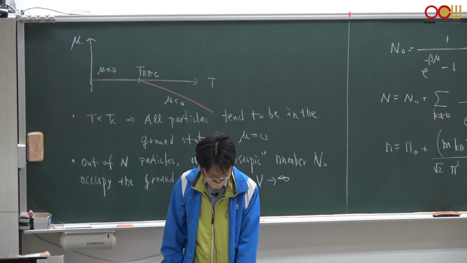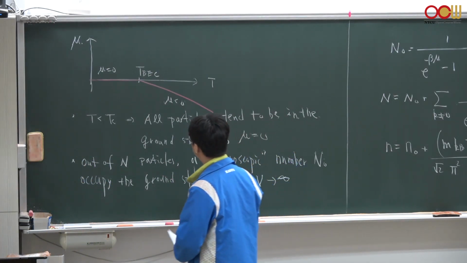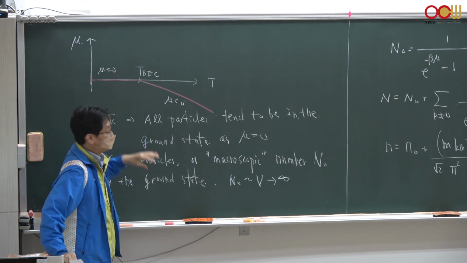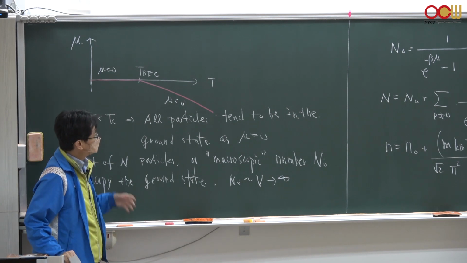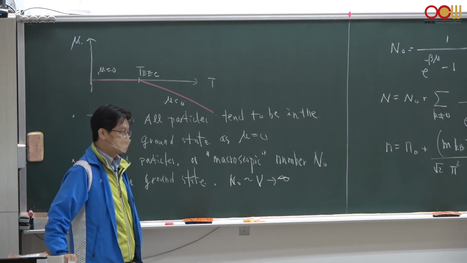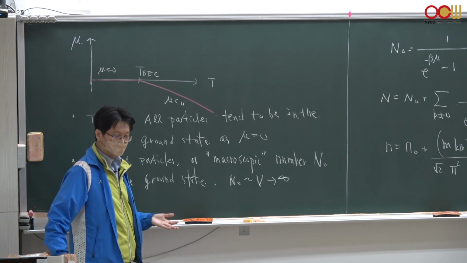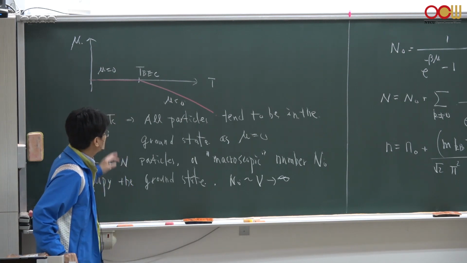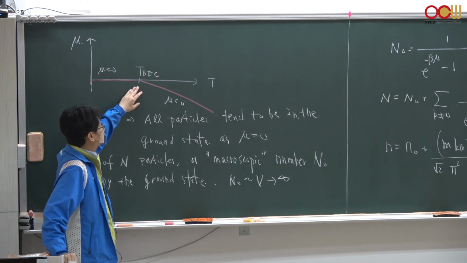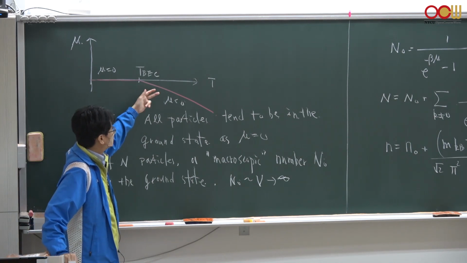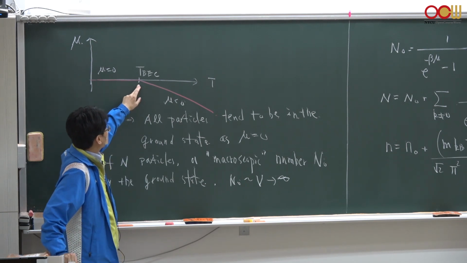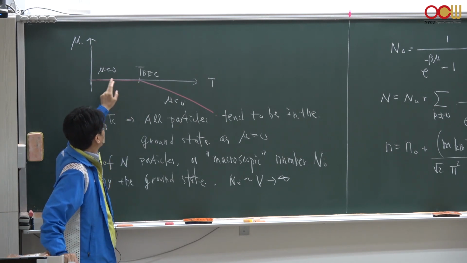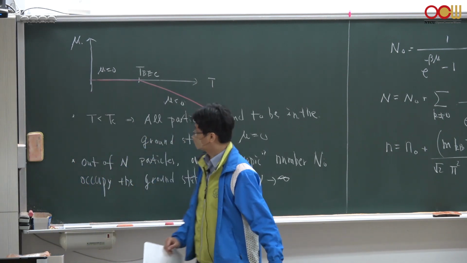So let's finish this. As I mentioned, you could solve for this chemical potential as a function of temperature by solving for the relation between this boson occupation number through the Bose-Einstein distribution function. And as we already derived, when the temperature is high enough, this chemical potential is negative. When T reaches T_BEC or below, the chemical potential vanishes.